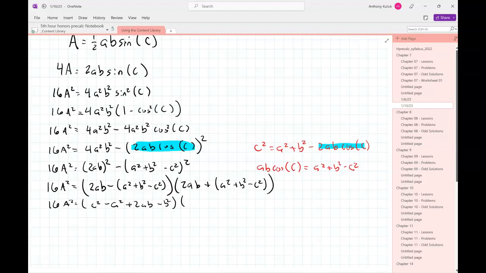And over here I'm going to write it as a squared first plus 2ab plus b squared, and then minus c squared last. So in this first quantity, I'm going to factor out a negative sign. And the second quantity, I'm just going to leave exactly how it is.